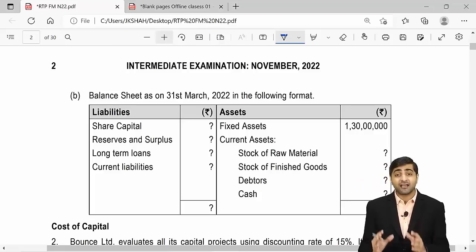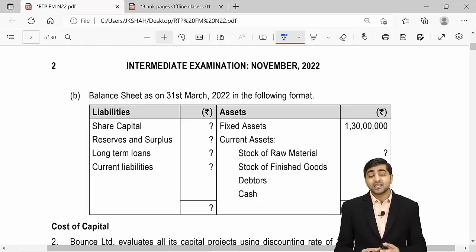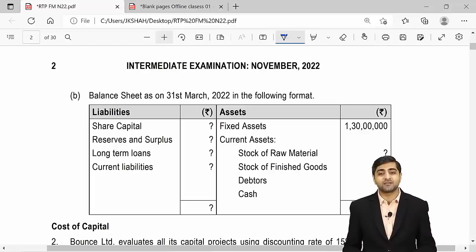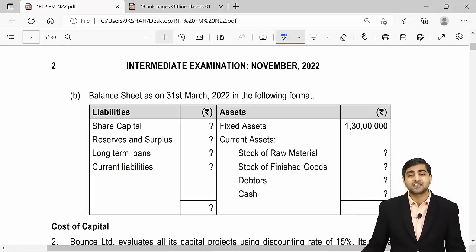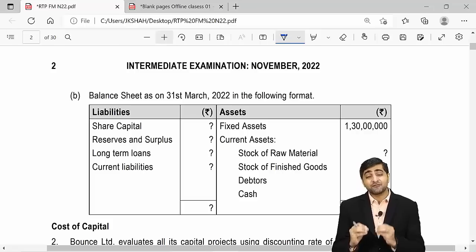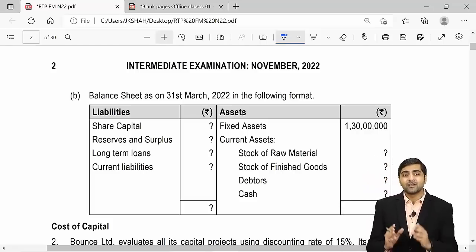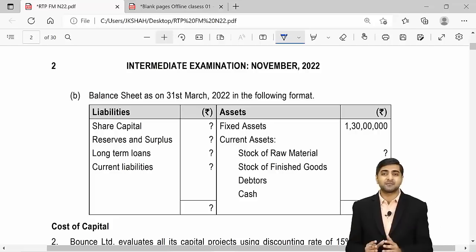We have the format readily available, and if you check the entire question, there is only one figure in rupees available, which is your fixed assets, 1 crore 30 lakhs. So obviously we have to start with the ratios in which the fixed assets is involved, and then slowly and steadily we will complete our financial statements.